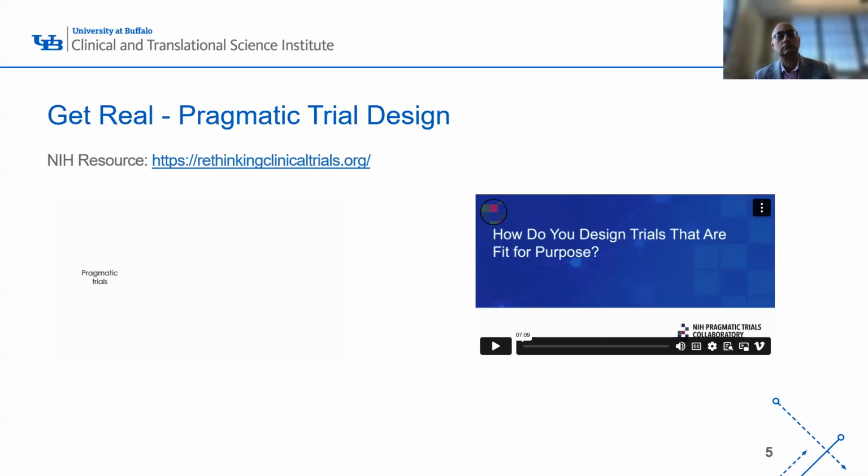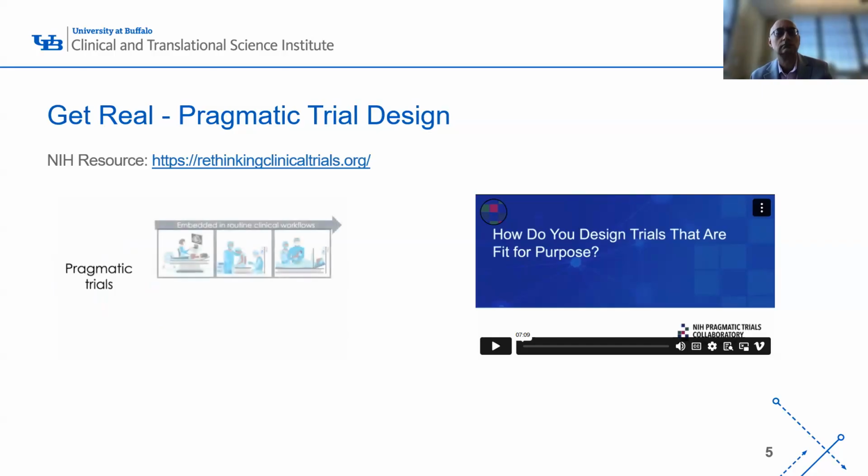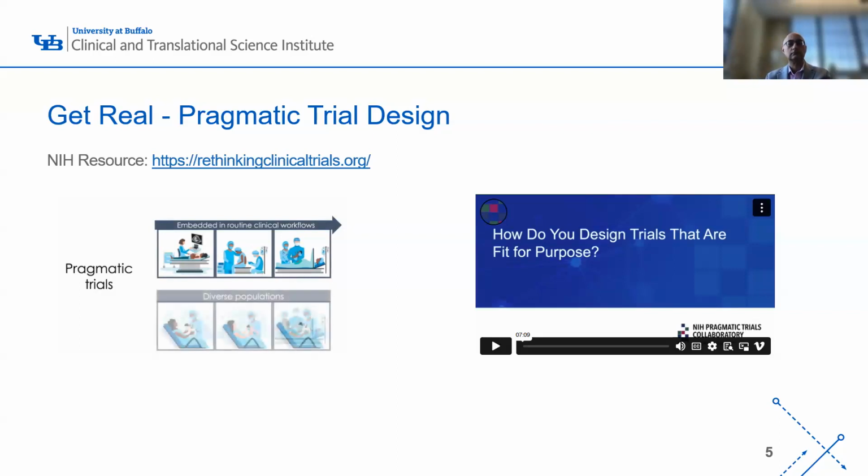These pragmatic trials are embedded, by definition, and intervene in the routine clinical workflow in some way, and that's an important component of these trials that introduces special and challenging considerations. They are also often conducted in more diverse study populations than would otherwise be the case in a more traditional trial.